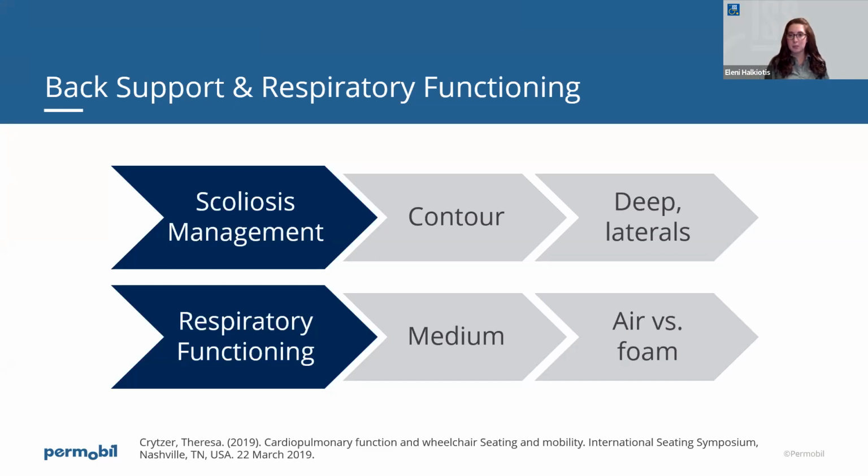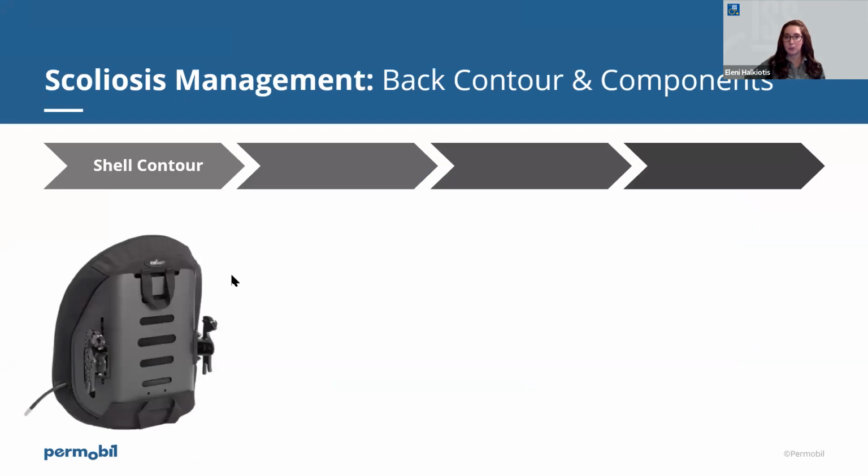There are many different types of contours, and I'm going to echo what Brenlee mentioned in the coming slide. And don't be afraid to use secondary postural supports, for example, lateral trunk supports, along with perhaps a deep contour rigid back support to effectively manage the positioning requirements for the scoliosis. And then we have respiratory function that can, the good news, be really helped by your selection of medium versus air versus foam.